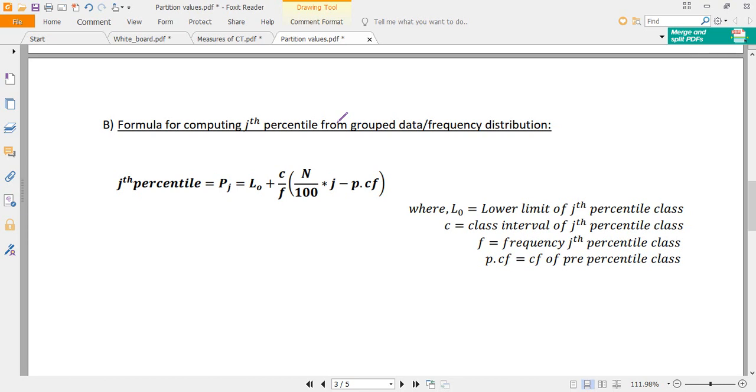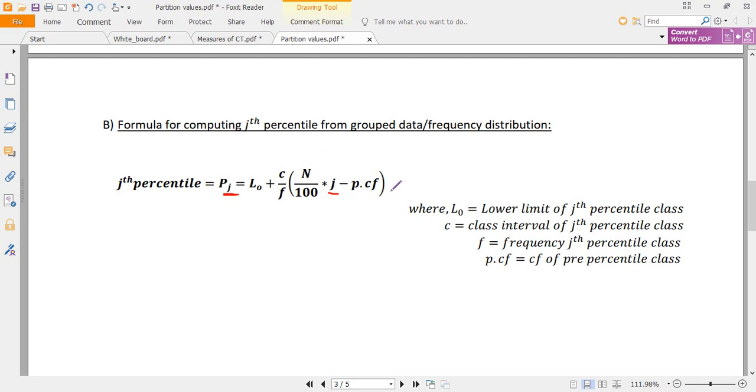This is a very similar formula. Like the median, the jth percentile, Pj, equals L0 plus C by F. In the median we use n by 2, but here we use n by 100 into j, because we partition the data into 100 equal parts.